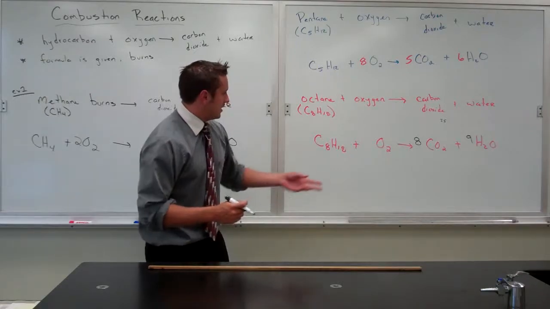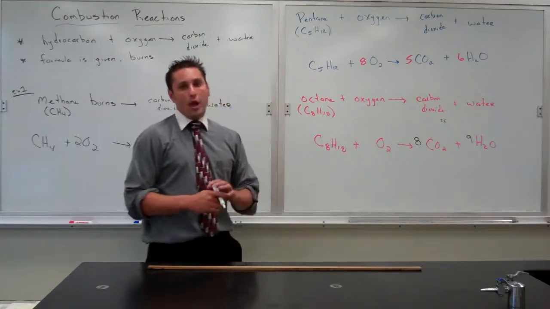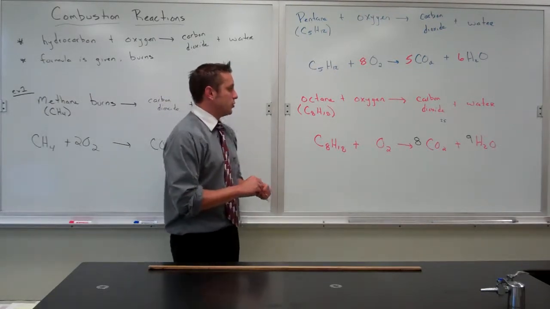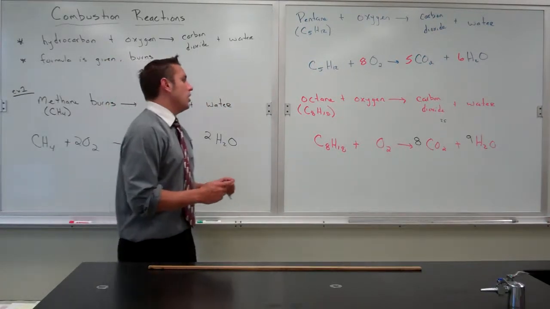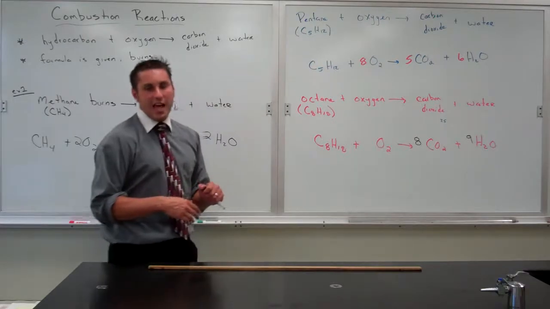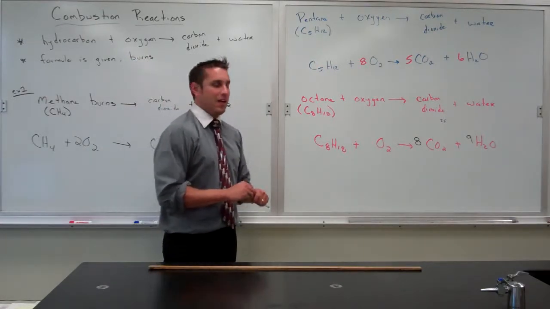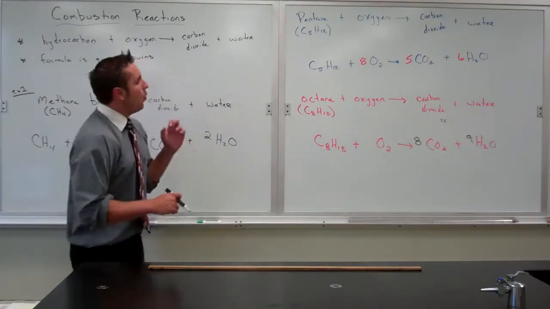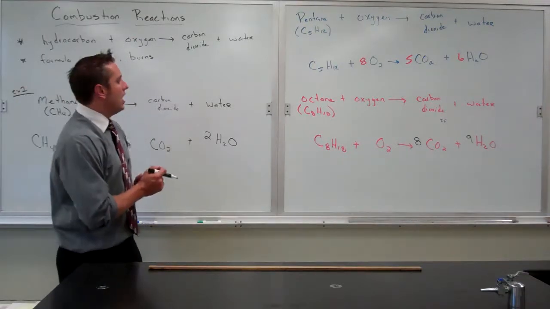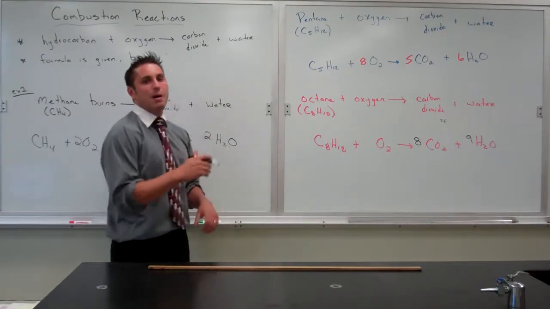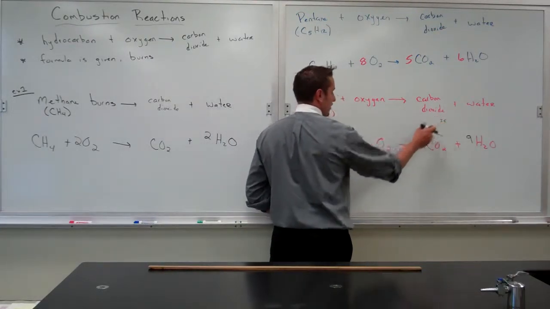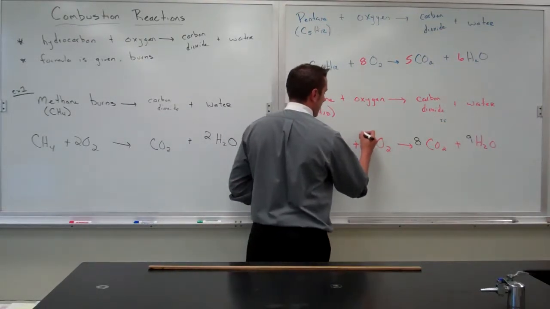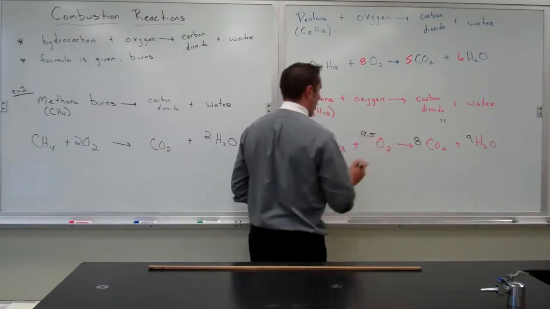So I've reached an instance where there's no whole number that will go in front of O2 that will give me 25. So there's one of two things you can do. You can either try to find the LCM, or you can do the half method because O is last. When doing combustion reactions, the best way to do it is by the half method. So you have to ask yourself, what times 2 gives me 25? And the answer is 12 and a half.